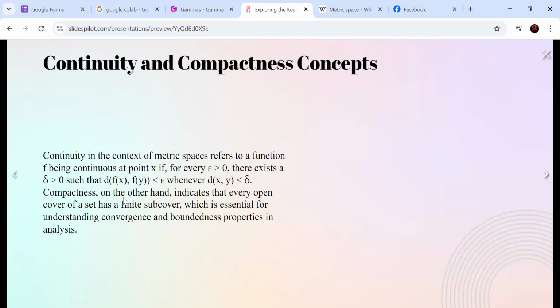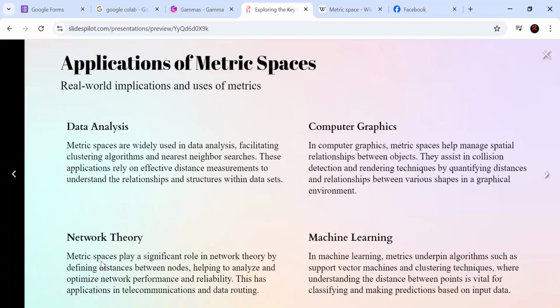Compactness, on the other hand, indicates that every open cover of a set has a finite subcover. This is essential for understanding convergence and boundedness properties in analysis.